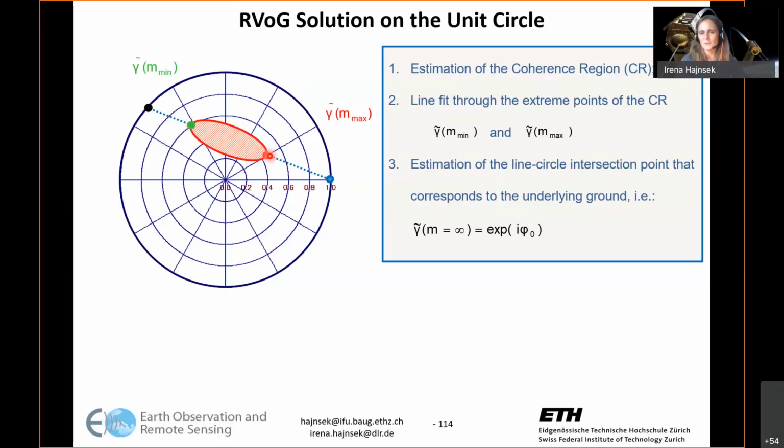And out of these points we again do an extrapolation to the cross-section points through the borders of this unit circle in the one direction and the other direction. This crossing section we then assume is our ground contribution. And the point farthest away from this ground, the greenish point, we say is our principal volume contribution.